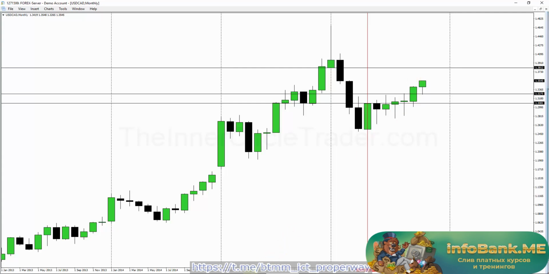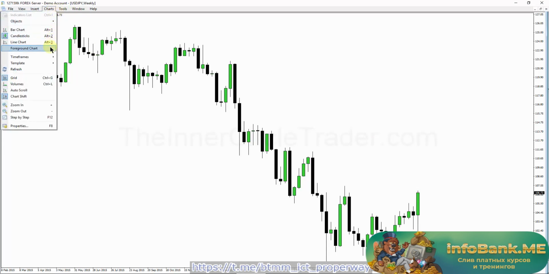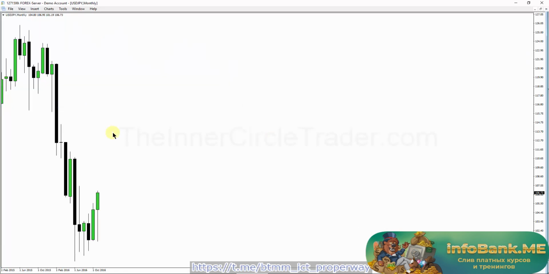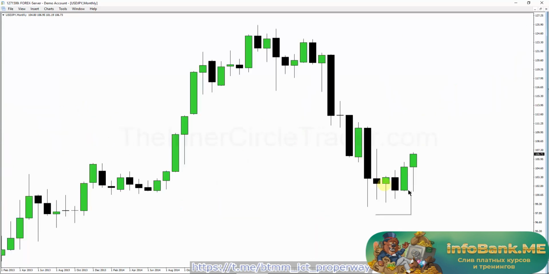Let's look at this same example of study on a US Japanese yen pair. We have the most recent down candle here.